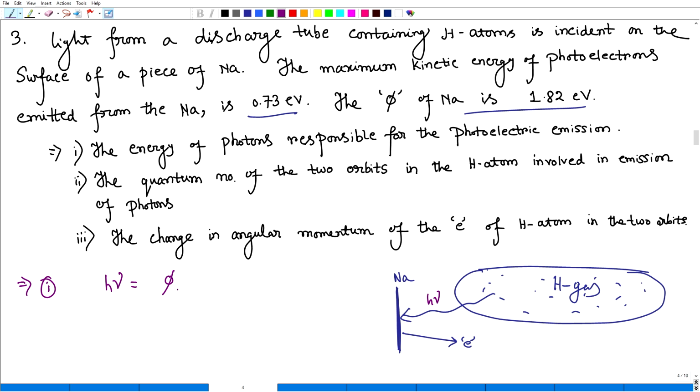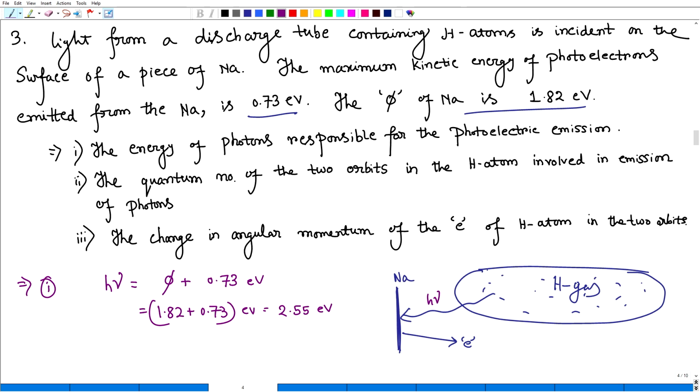So, that is the maximum kinetic energy, which is 0.73 electron volt. So, phi is 1.82 electron volt plus 0.73 electron volt. So, it is eventually 2.55 electron volt. So, it should be the energy of the photon that is colliding with the sodium metal, and after collision electron is coming out.